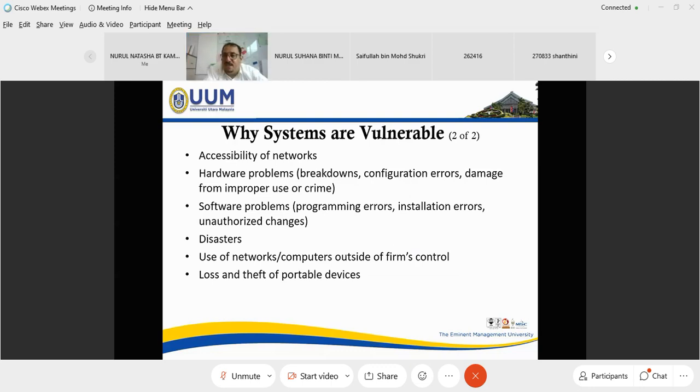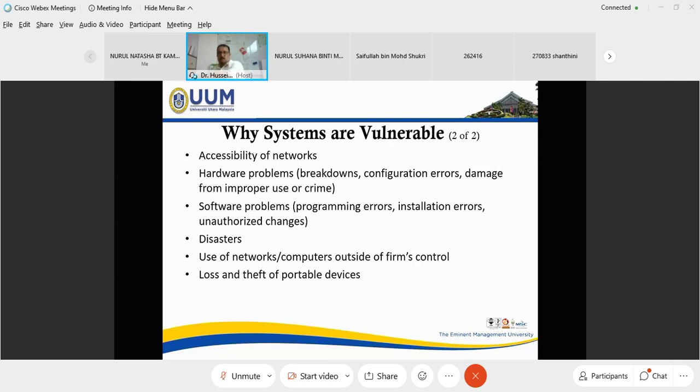The big question here is why systems are vulnerable. Vulnerabilities come from a lot of things, because we are connected to the internet and the network. Hardware problems are also one of the causes of vulnerability of systems. Why? Because hardware could break down, configuration errors could happen, and there can be damage from improper use or crime.